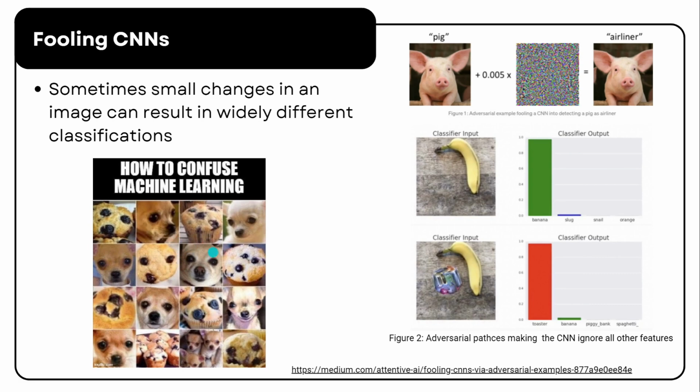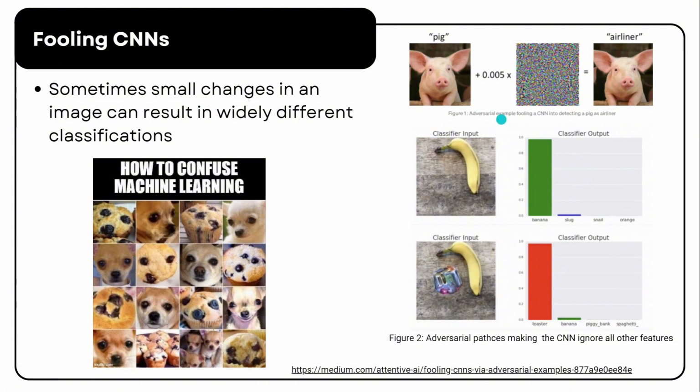Now let's talk about something a bit more concerning. It's called adversarial attacks. This involves making small, almost imperceptible changes to an image, like adding a tiny bit of carefully crafted noise that can completely change the model's prediction.